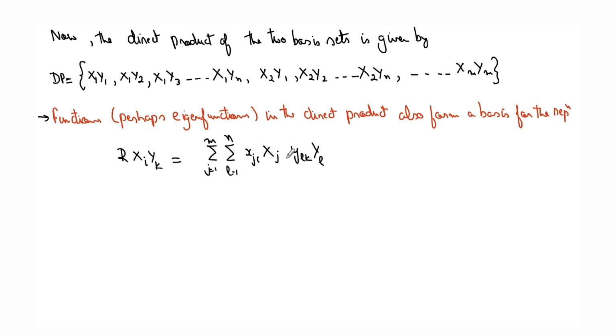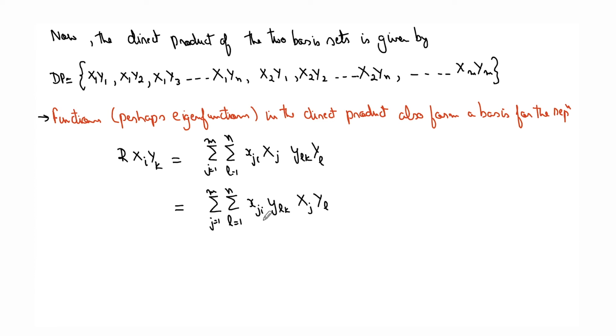Now I can combine these two numbers and write summation j goes from 1 to m, summation l goes from 1 to n, x ji y lk, xj and yl. Now we can substitute this.